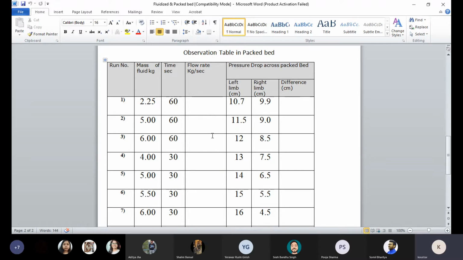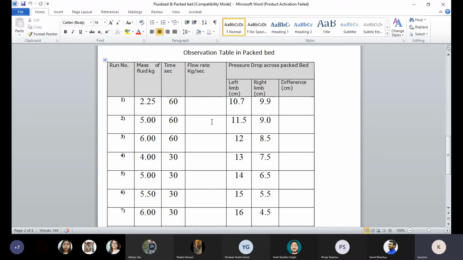If you know the packed bed area or cross section, then you can calculate the velocity. That velocity is the empty tower velocity, which we often call the superficial velocity, denoted V naught.